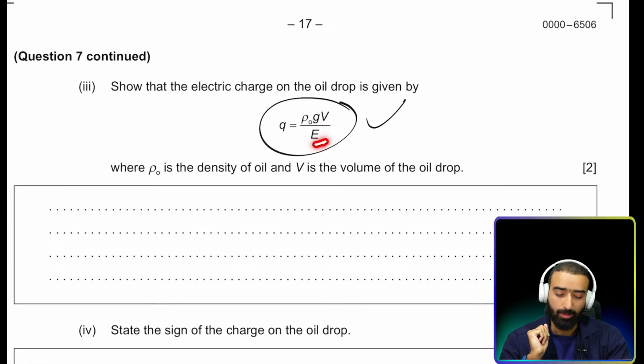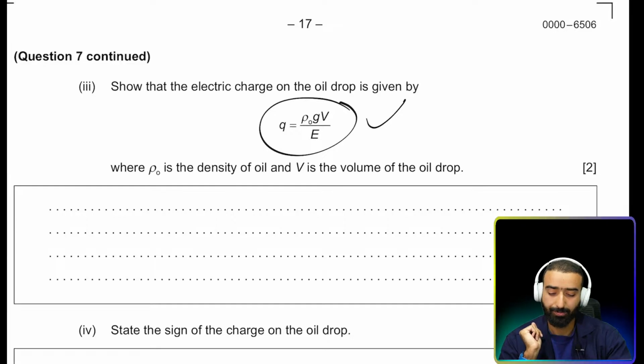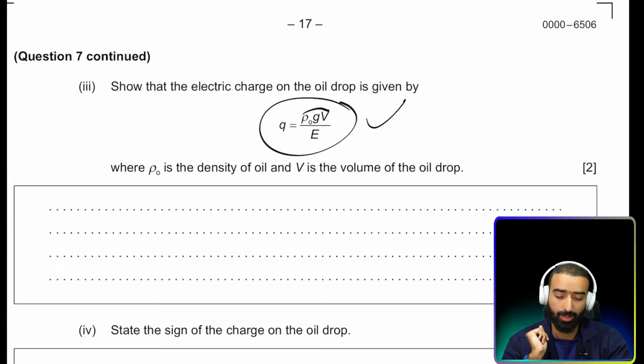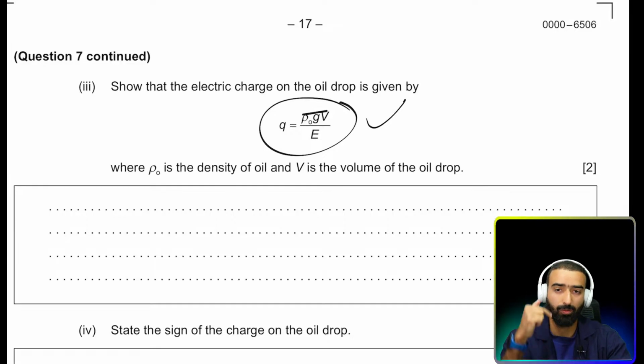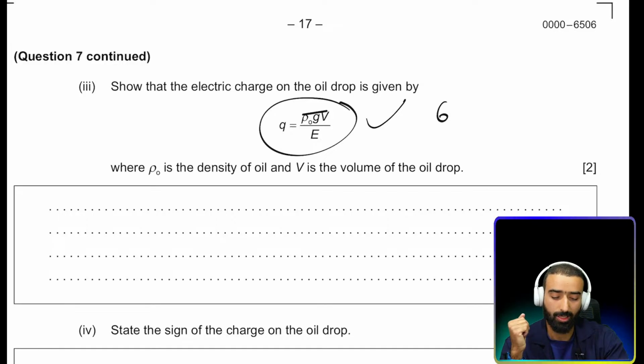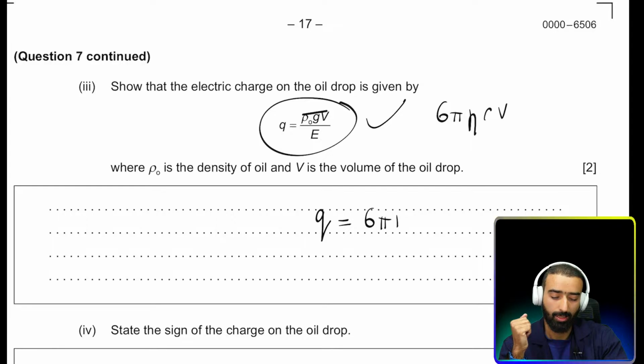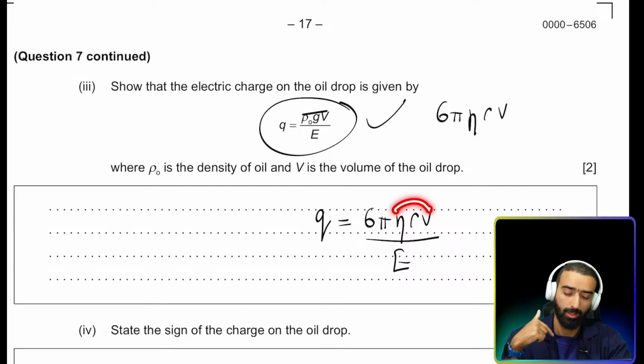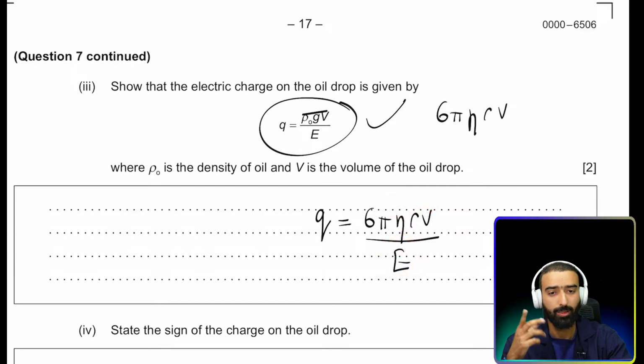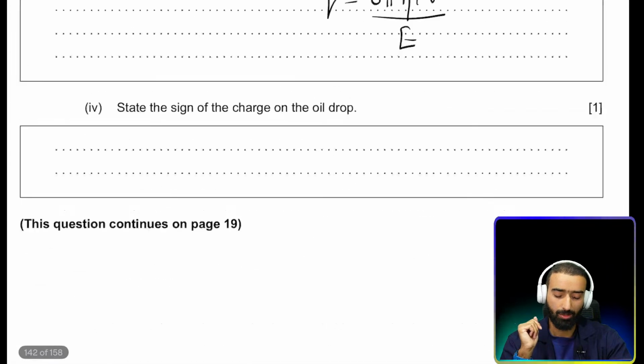We know E, we know rho 0 g v, the force of gravity, and it's equal to 6 pi eta r v. So I can write Q equals 6 pi eta r v over E. These three values are given below. The electric field we found already. So you can plug them in here and solve for Q.